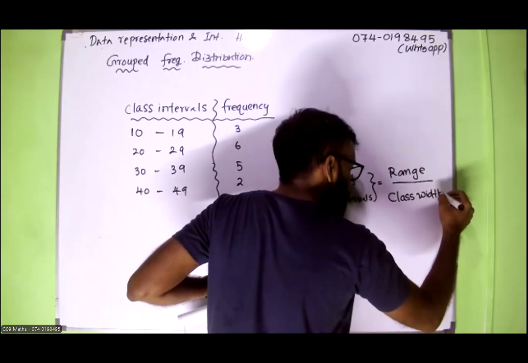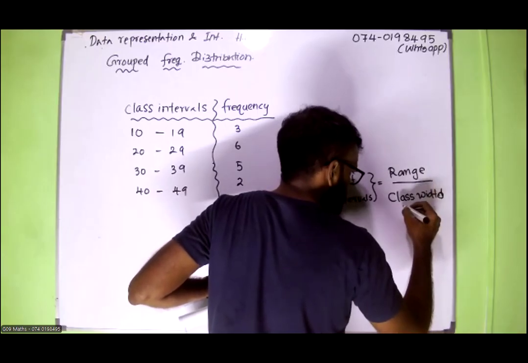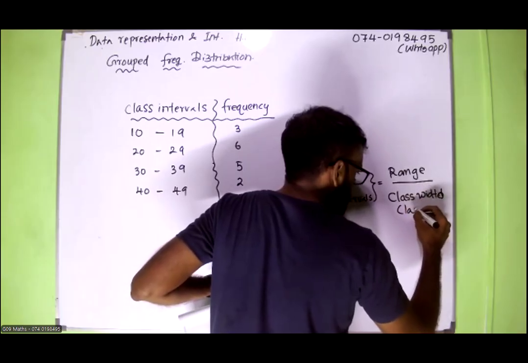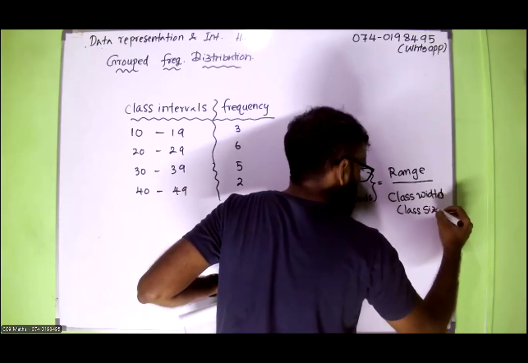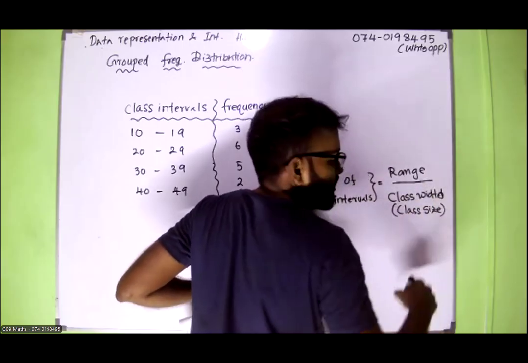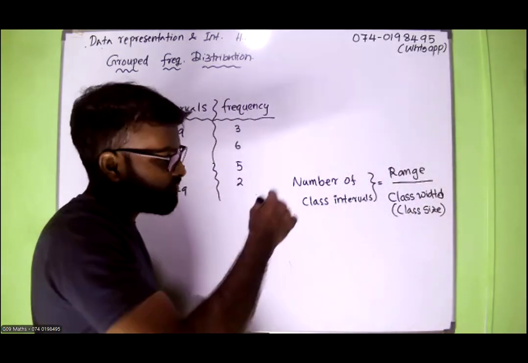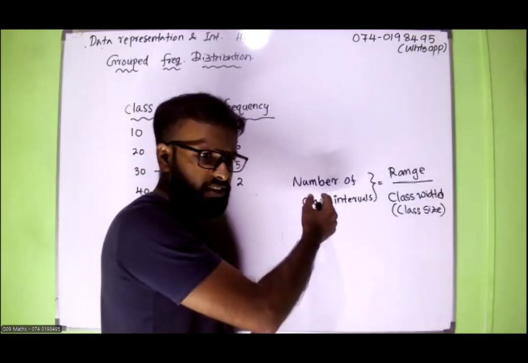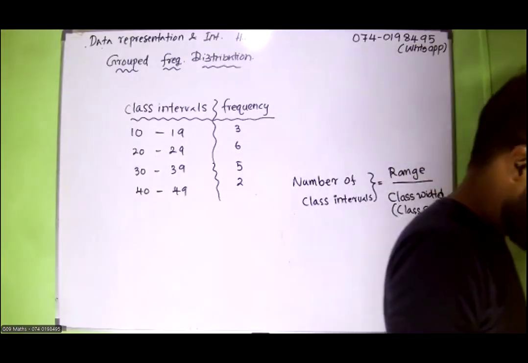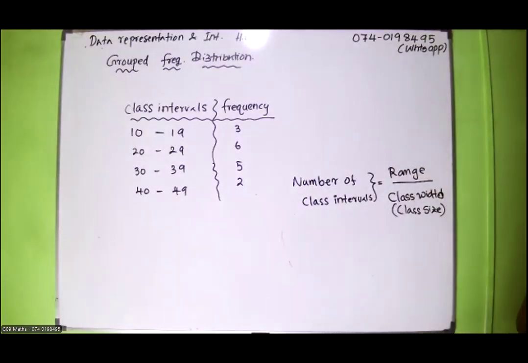You can use class size as well, it doesn't matter. In your exam they might sometimes give the word class size or class width, you can refer to both. Right, guys, did we write this? Yes or no?